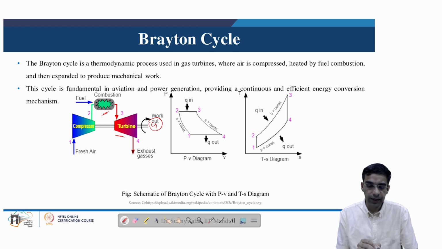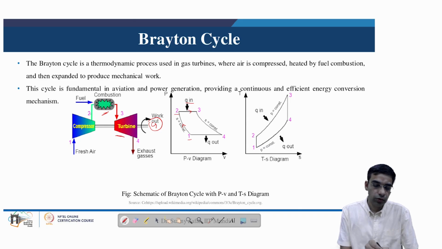and this generator will subsequently be used to produce electrical power. The Brayton cycle basically consists of 4 steps. Step number 1, in the PV diagram, goes from point 1 to point 2, which is the isentropic compression. Then from point 2 to 3 there is heat addition at constant pressure, which is denoted by Q in.